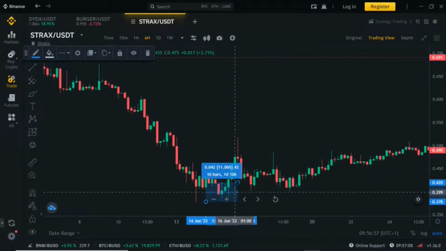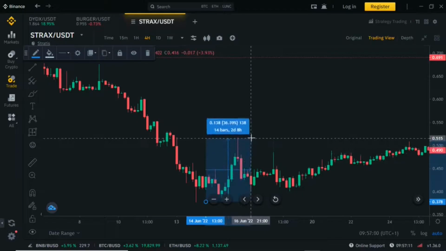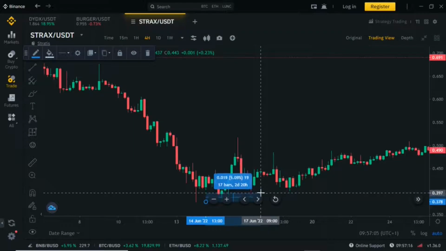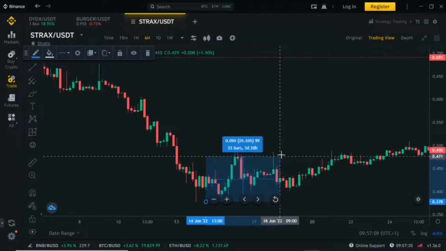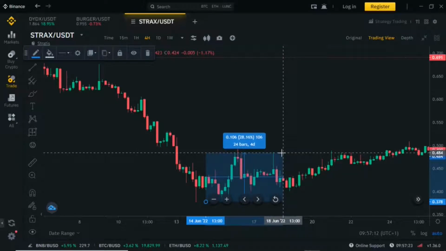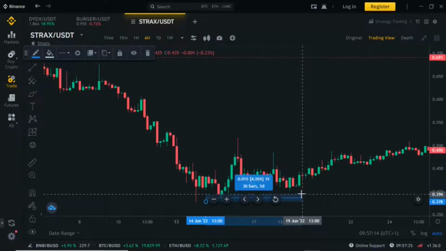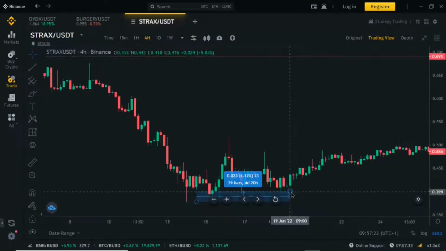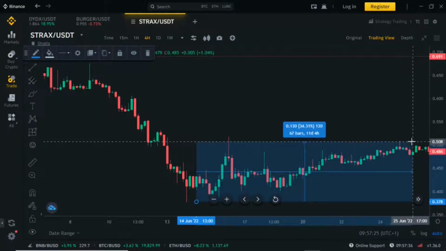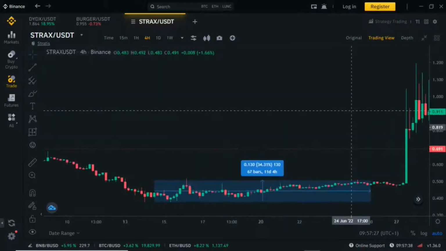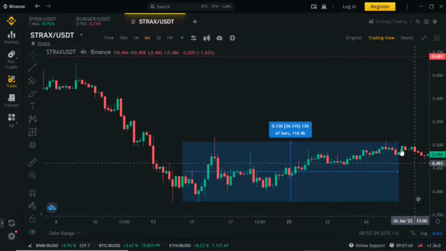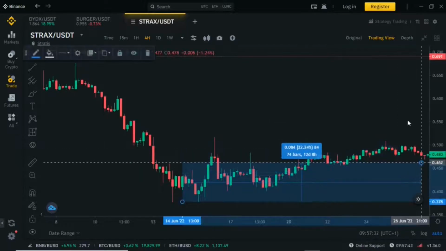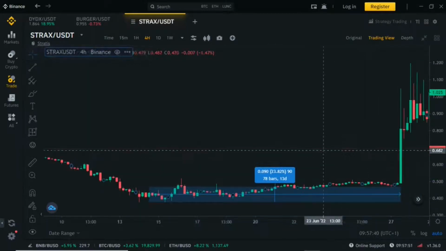0.378 cents, and bounced up by 37% and then dipped back down to 5.5% and bounced up again by 27% and then dipped back down to 6.12% and then bounced up again by 34% and then dipped back down to 23%.